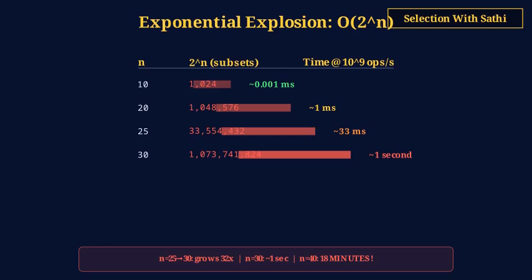Notice the pattern. Every time n increases by just 1, the work doubles. Going from n equals 25 to n equals 30 multiplied the work by 32 times. This is why exponential algorithms need to be replaced with dynamic programming or other optimization techniques whenever possible.